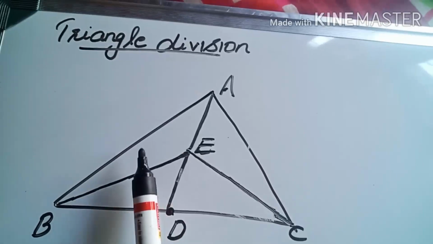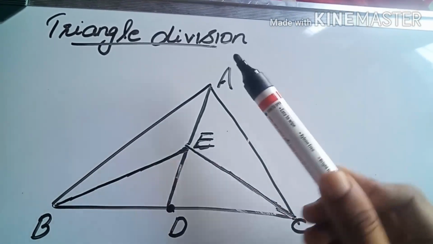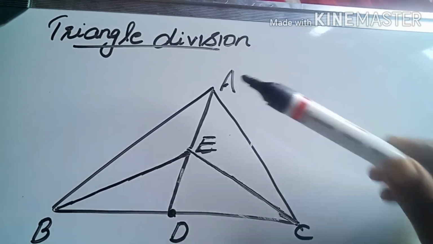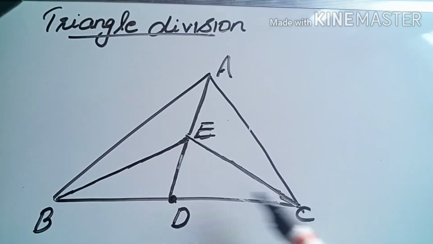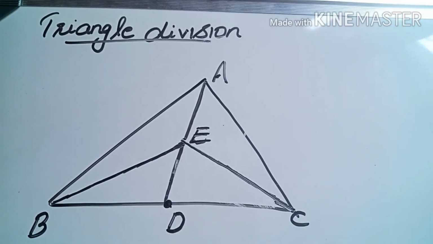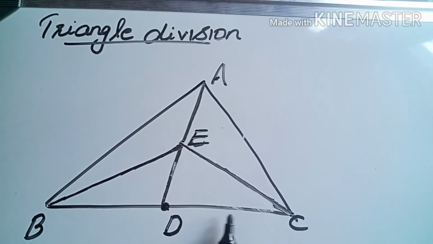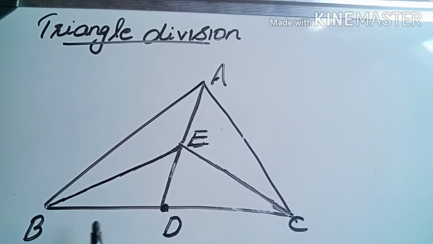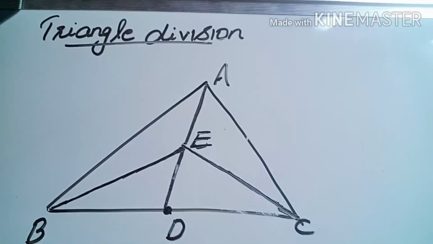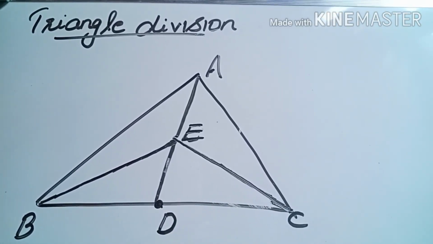That means triangle ABD and triangle ADC will have equal area. Why? Because D is the midpoint, both have the same base, and the height is also the same because A is a common vertex. That's why these two triangles have the same area.